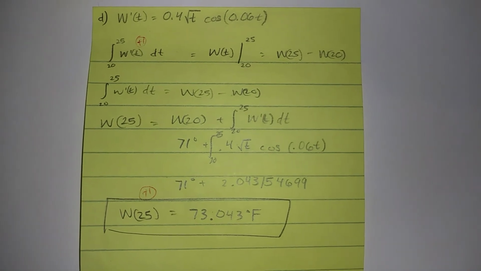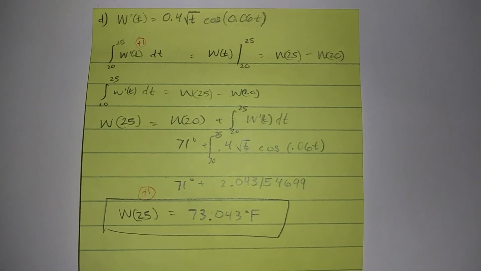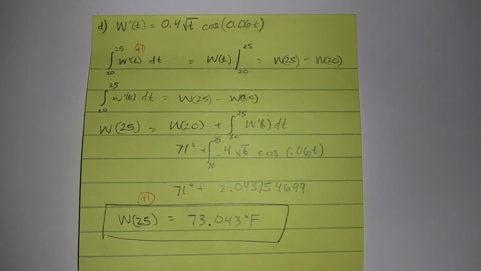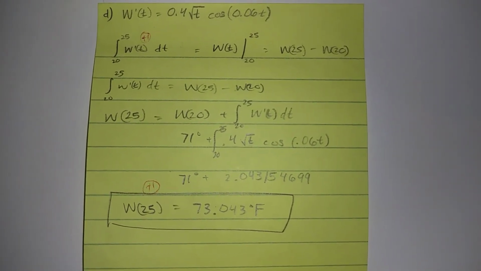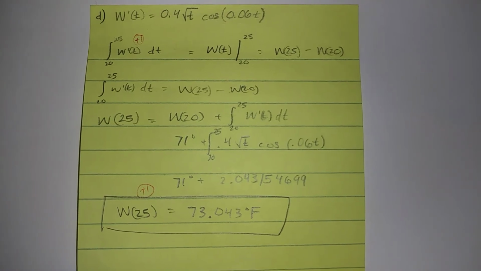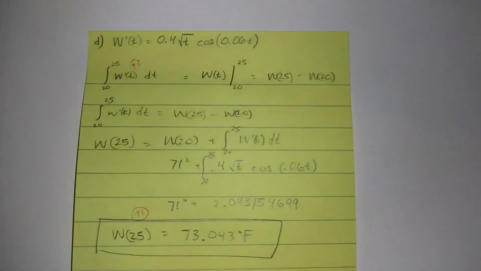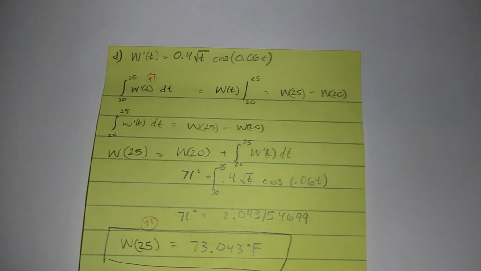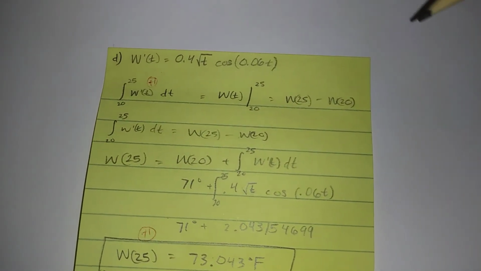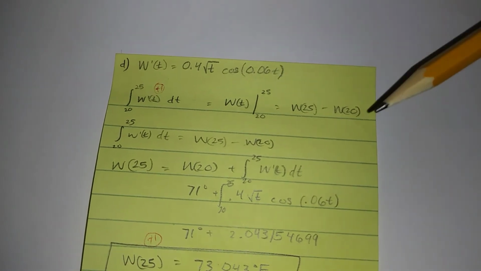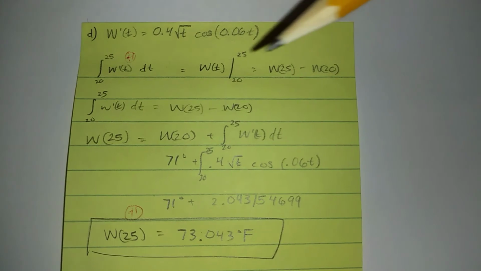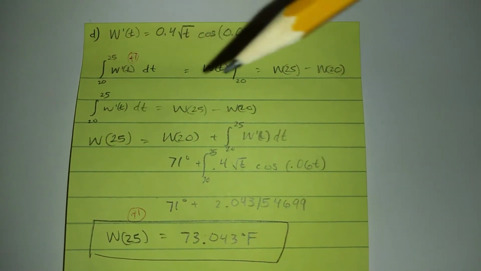With the information given, we do not know what W(25) is, so I will use the information they have given me. I have the equation they gave me, and I know that the integral would be from 0 to 25 as seen right here, so I would make that equal to this. Once I have that, I can solve for W(25) as seen down here.